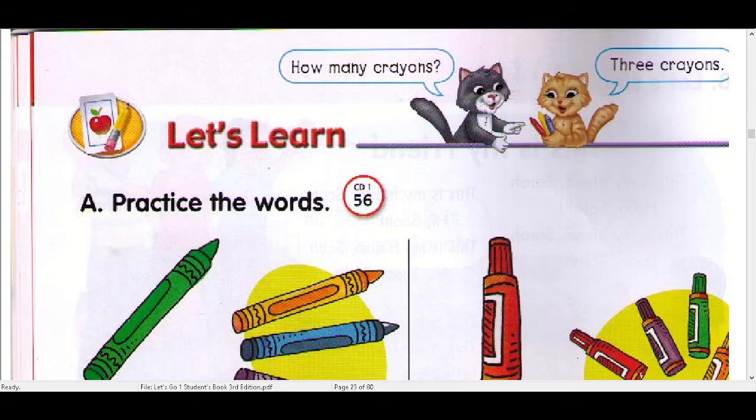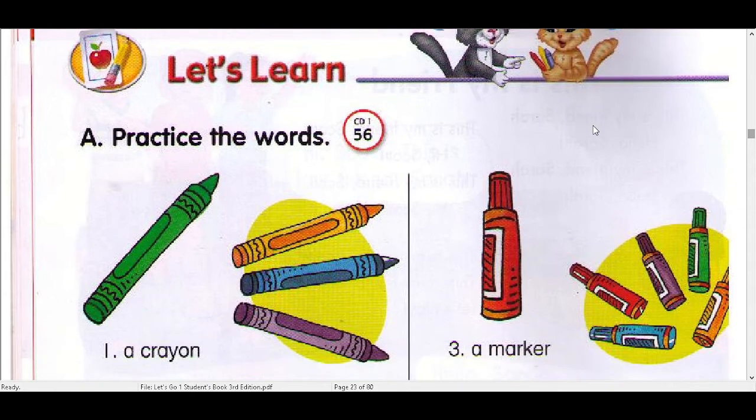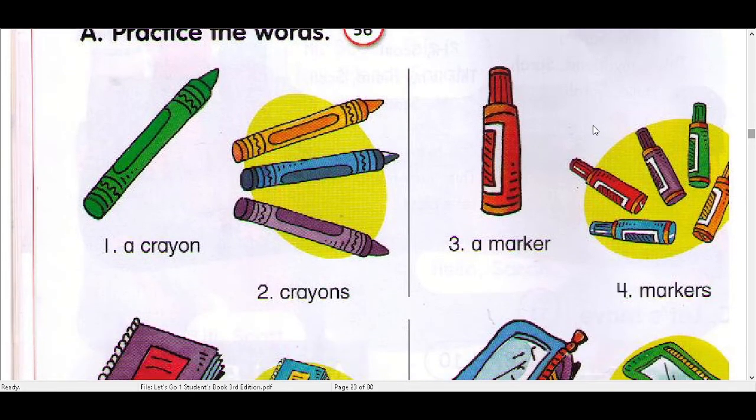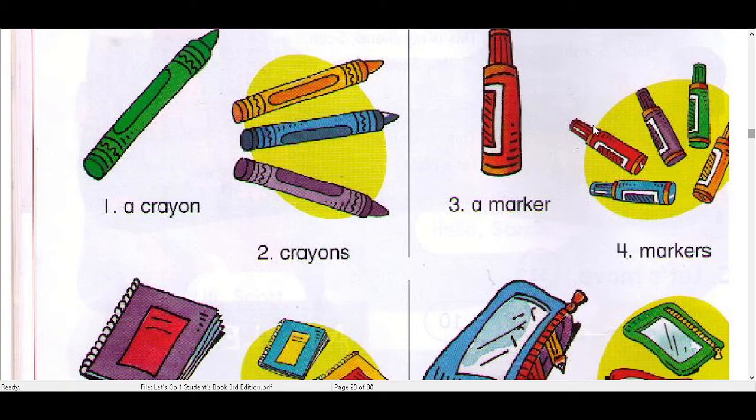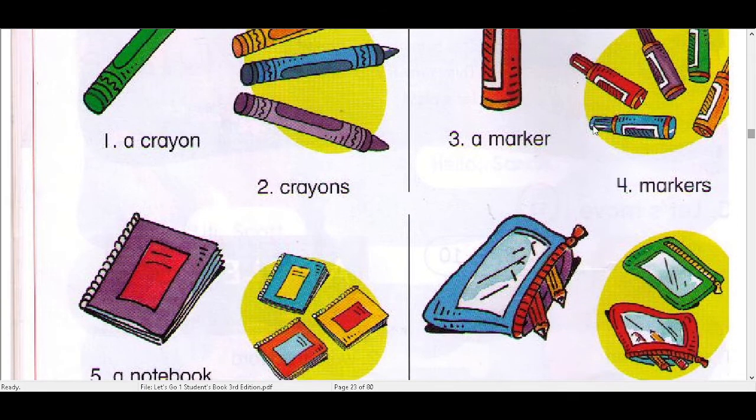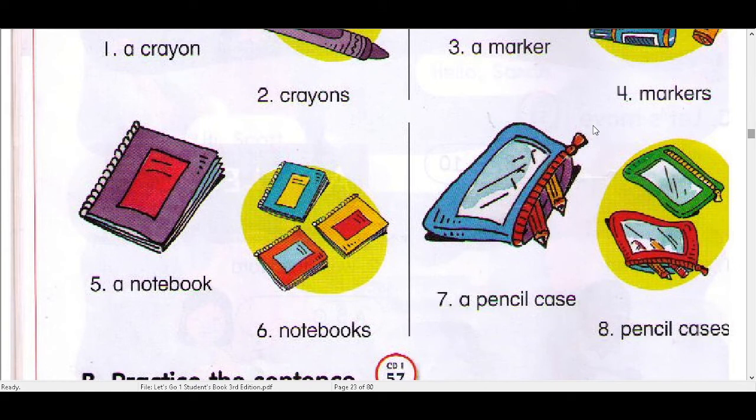Learn. A. Practice the words. Number 1. A crayon. Number 2. Crayons. Number 3. A marker. Number 4. Markers. Number 5.